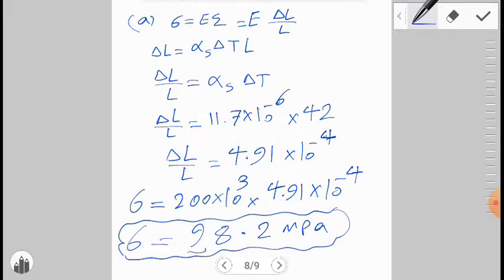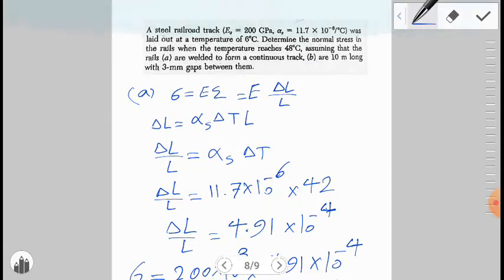This is part A, when we have the continuous track.